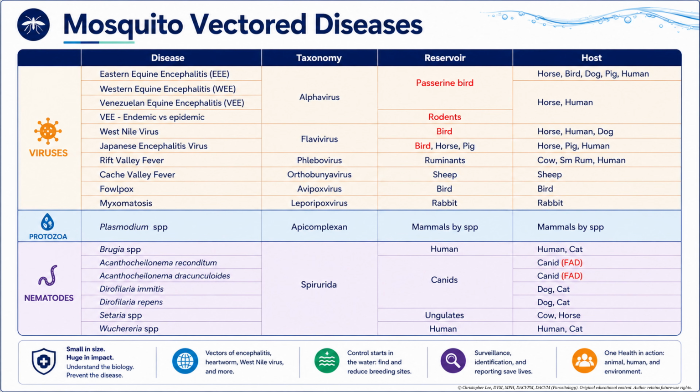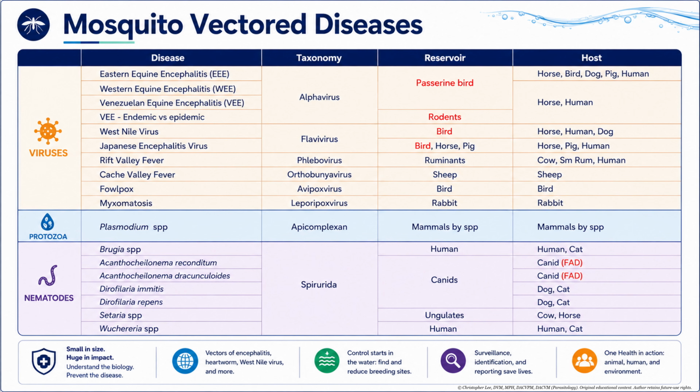For protozoa, mosquitoes transmit Plasmodium, which we will simplify on the next slide. For nematodes, think filarial parasites, especially Dirofilaria immitis in dogs and cats, along with other filarids in different hosts and regions. The key clinical concept is that reservoir, vector, and host are not always the same thing.